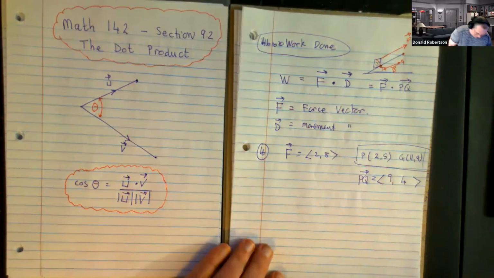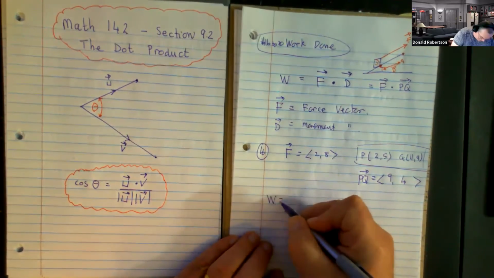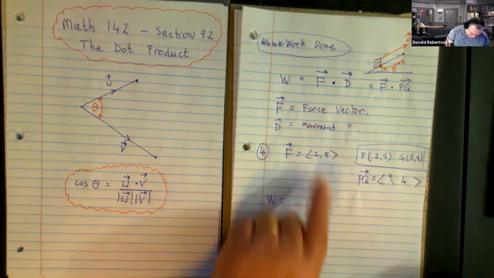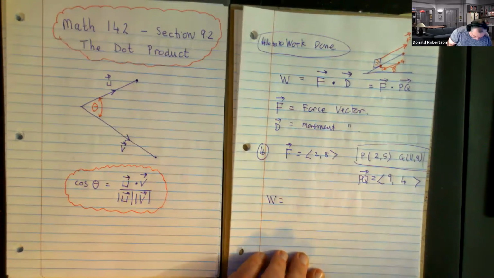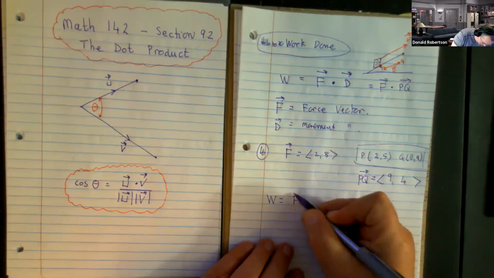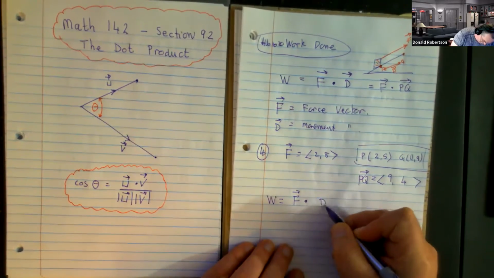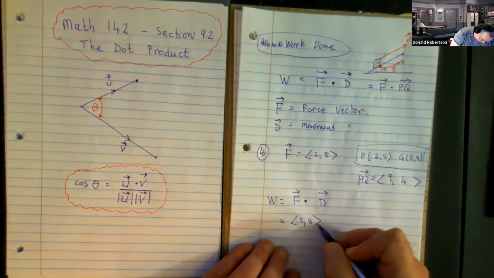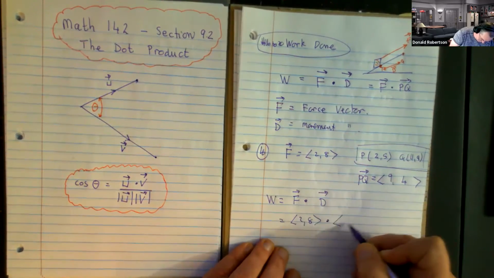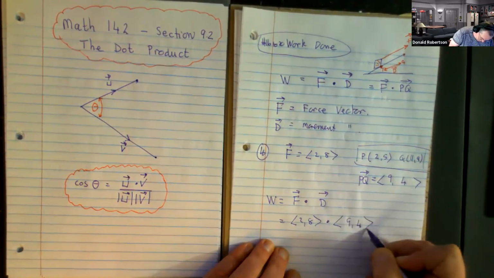There's the PQ. So what is the work done in using that force to move an object from this position to that position? Well, it's a dot product. And that vector is 2, 8. And this vector is 9, 4.